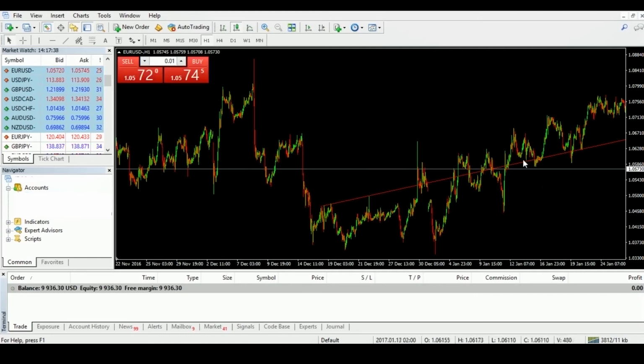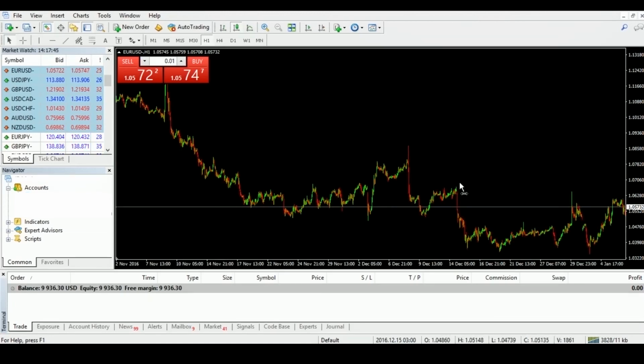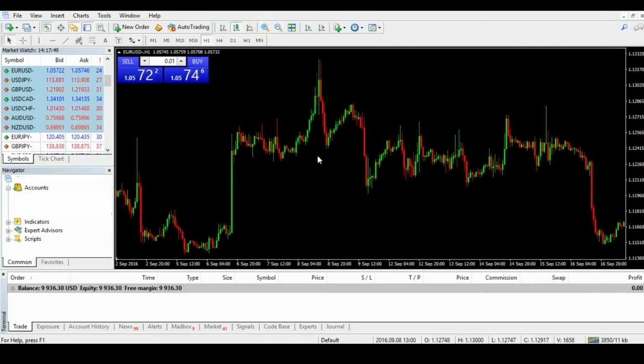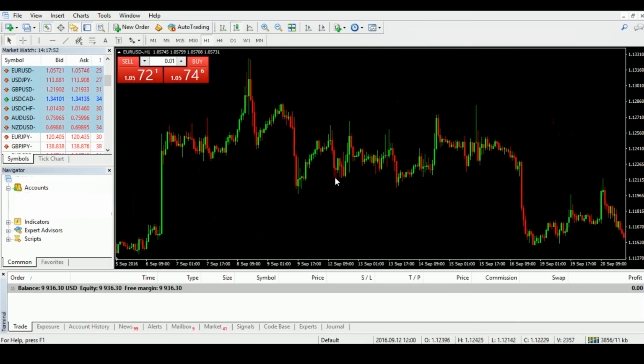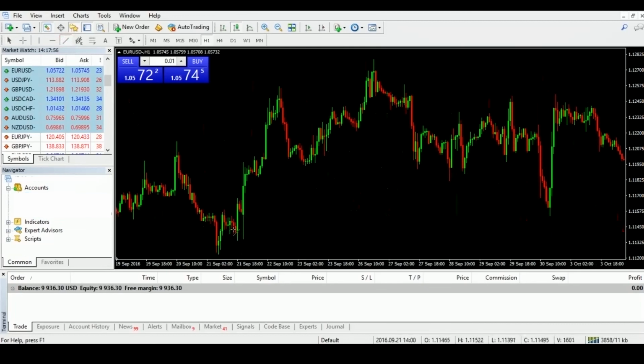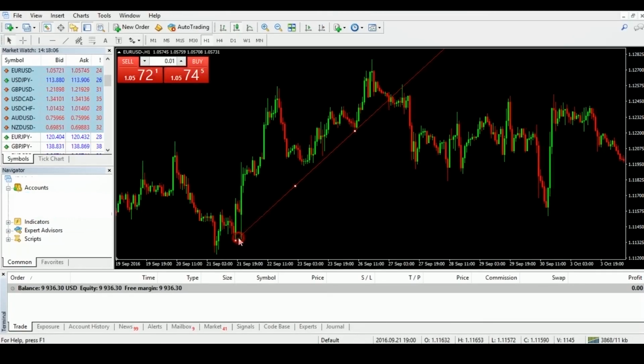Notice how once it was broken, it became support at some points. Over here, this is support.